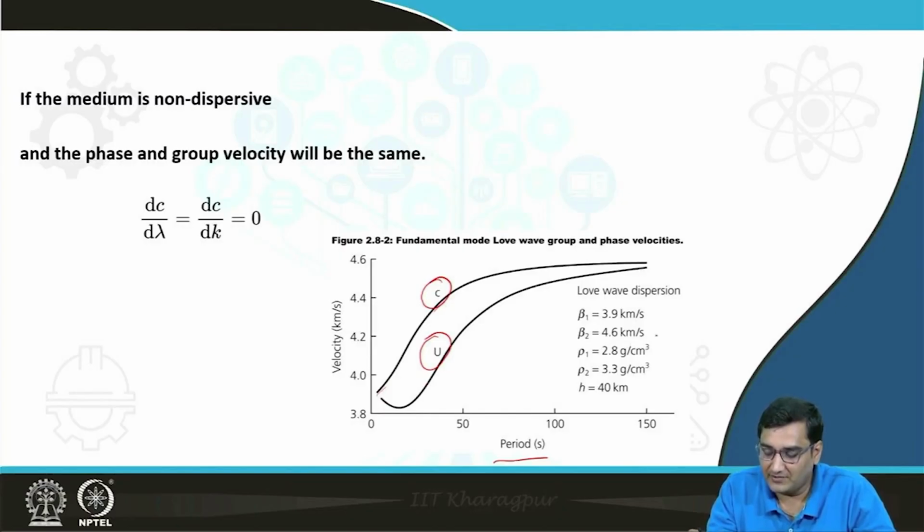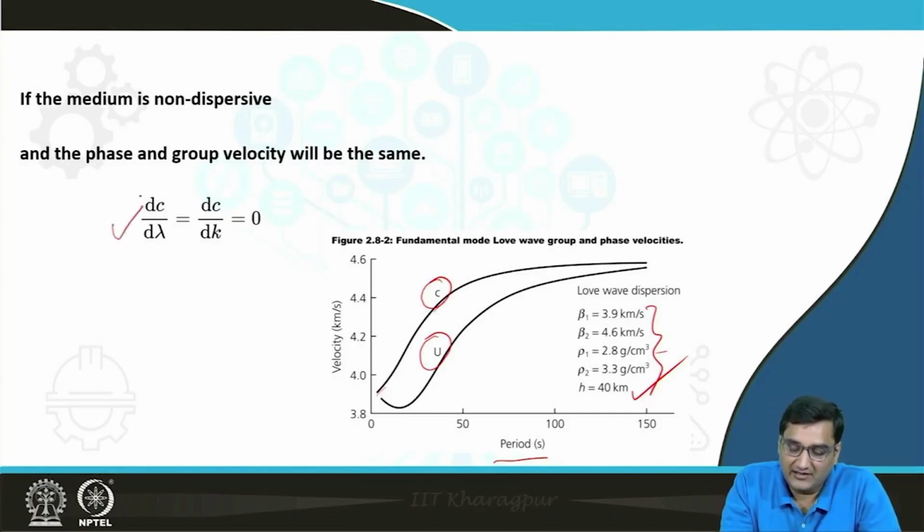This graph is plotted for Love wave dispersion curves, and the average parameters that we took for the earth are beta 1 is 3.9 km per second, beta 2 is 4.6 km per second, the density of the slower material above the half space is 2.8 gram per centimeter cube, the density of the half space is 3.3 gram per centimeter cube, and the thickness of the slower velocity material is 40 km.